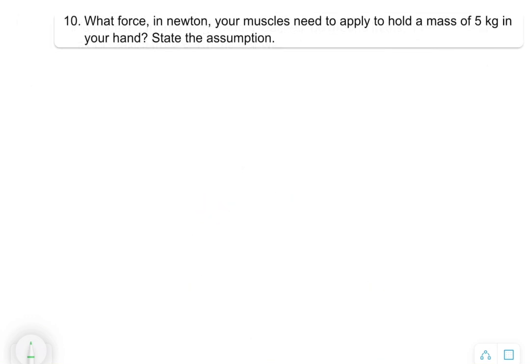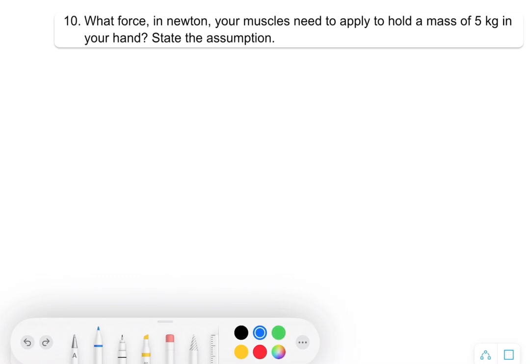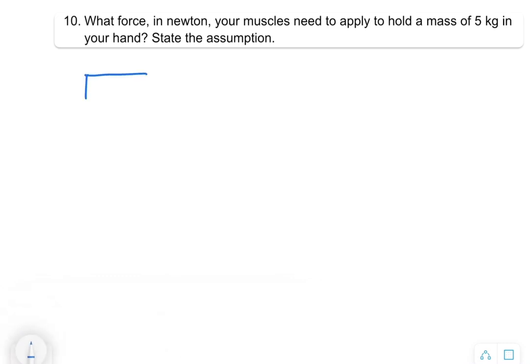What force in Newton your muscles need to apply to hold a mass of 5 kilograms in your hand? State the assumption. There is an object which is having mass of 5 kilograms. Force required to hold this object will be F equal to mg, mass multiplied by acceleration due to gravity.